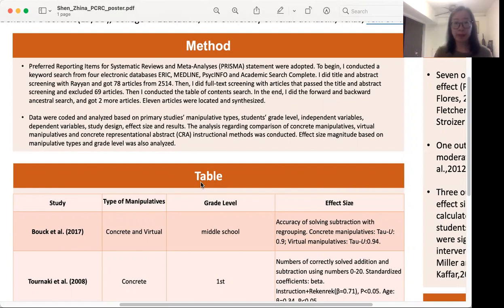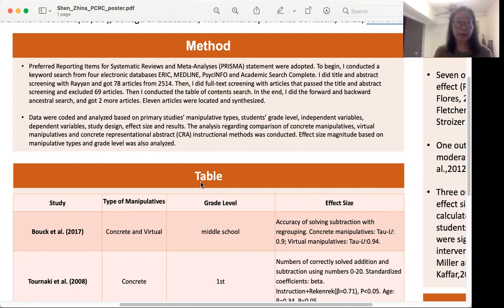Then I did a full text screening, and after that, I conducted a table of contents search. In the end, I did a forward and backward ancestral search and got 2 more articles. Overall, I got 11 articles and I did the synthesis based on those 11 articles.